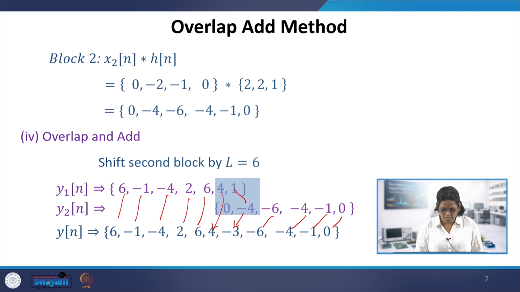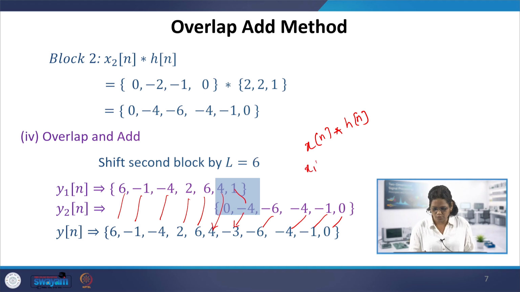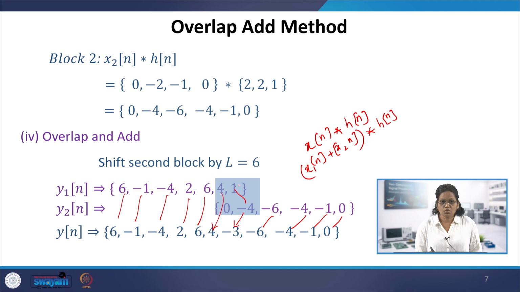So this is the resultant convolution of the sequence X of n with h of n, by splitting X into X1 of n plus X2 of n and convolving each using the additive property. So this method is called the overlap add.